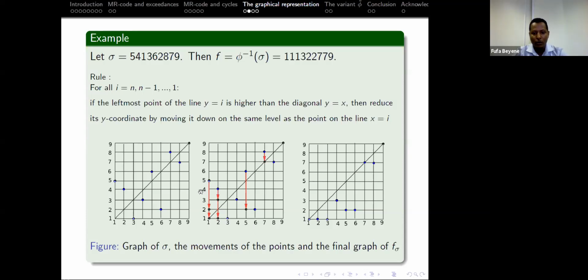For i equal to 4, the corresponding point is here, (2, 4), and it is above the main diagonal. You look at x equal to 4, and at x equal to 4 you have a point at the level y equals 3 here. So you move down to the level of this one.